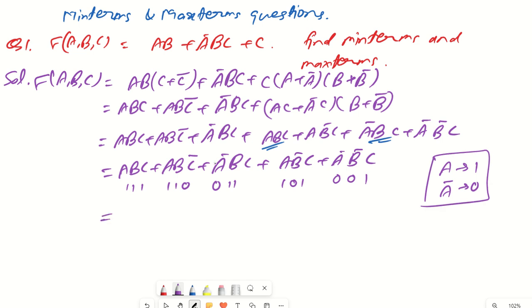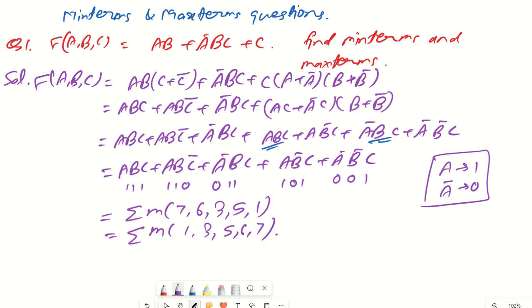So this equals the summation of 7, 6, 3, 5 and 1. You take out the decimal equivalent of these three variables and you get this. In proper form, it is the summation of min terms 1, 3, 5, 6, 7. This is the expression in terms of min terms.